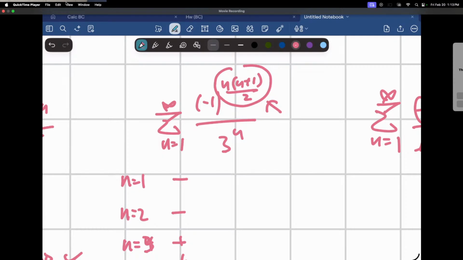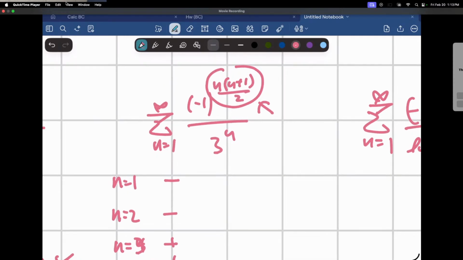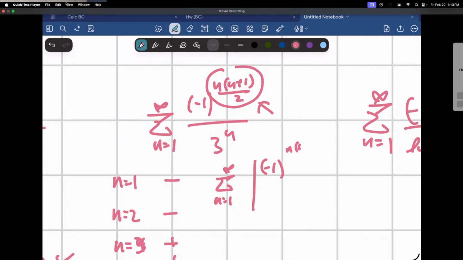But it doesn't really matter because today we say, well, this is kind of complex. I'm just gonna put absolute value on it, see what happens. So n equal to 1, infinity. If we do absolute value of this, it doesn't matter what this power is. So that is 3 to the n.